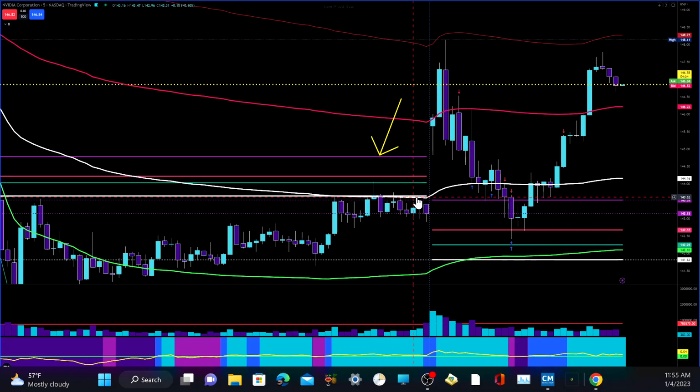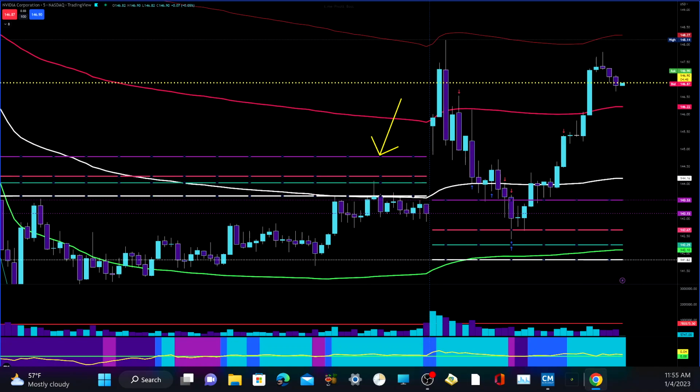The value area low was 143.65. Let me just point that out, that white line right there.